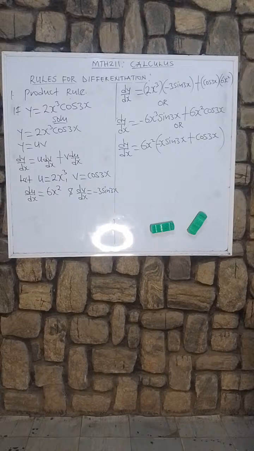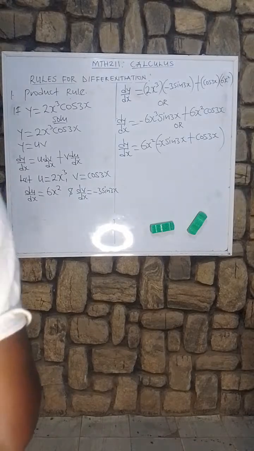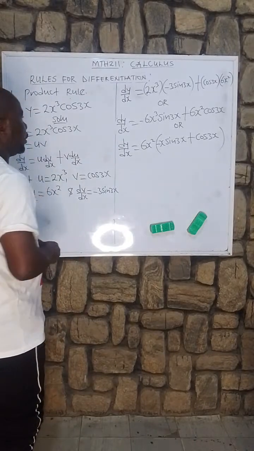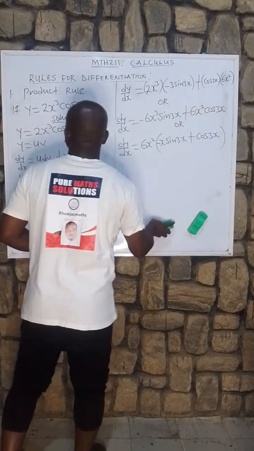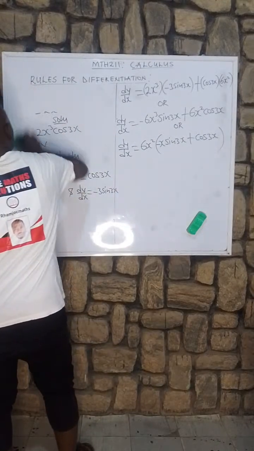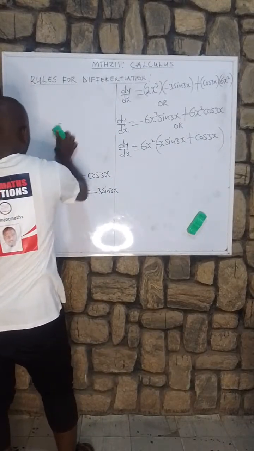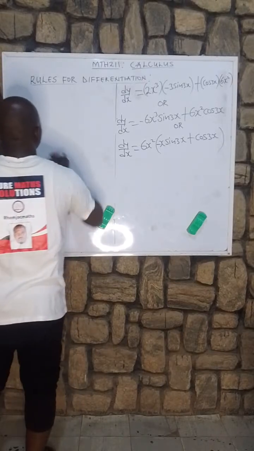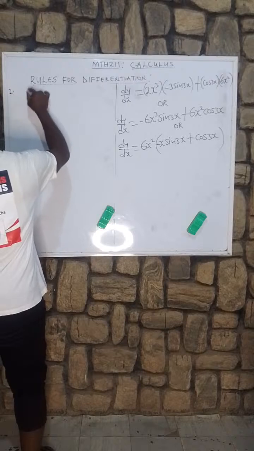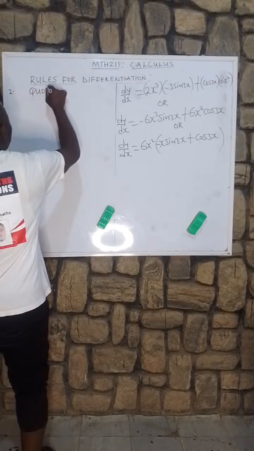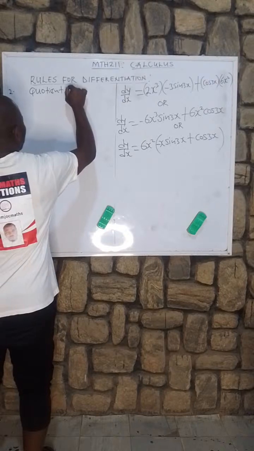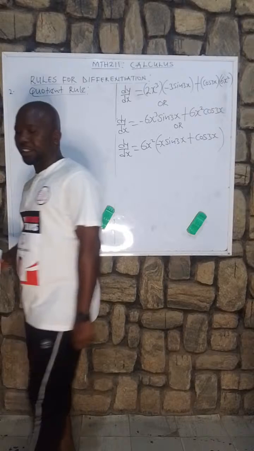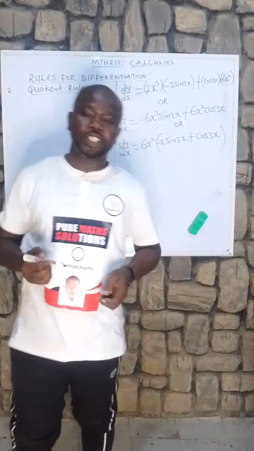Okay, so that is product rule. So let us move to consider quotient rule, right? Ask yourself this question: what do you mean by quotient?